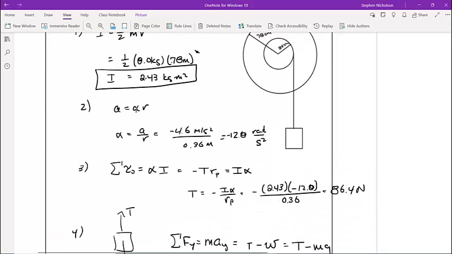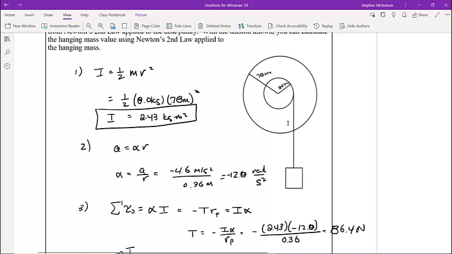To relate the angular speed of the disc and the pulley to the linear speed of the hanging mass, you use this relationship where you use the radius of the pulley, because the mass is attached to this whole rotating thing by the pulley, which is 0.36 meters.